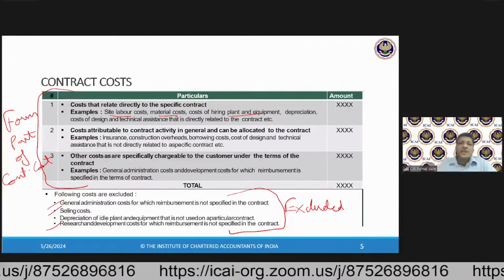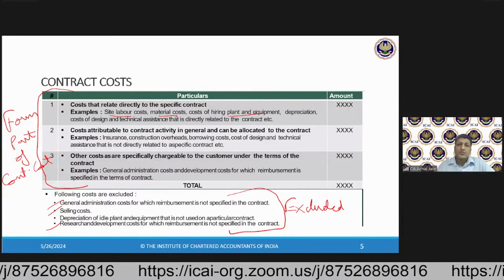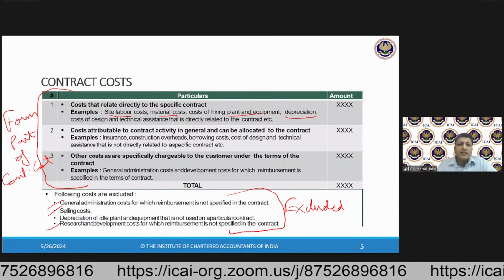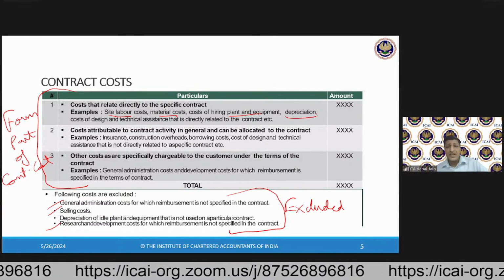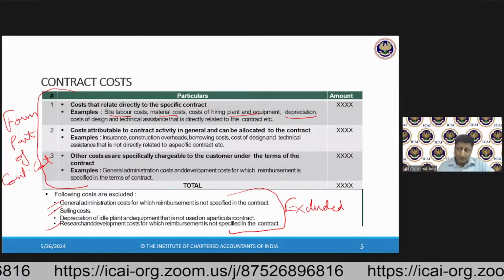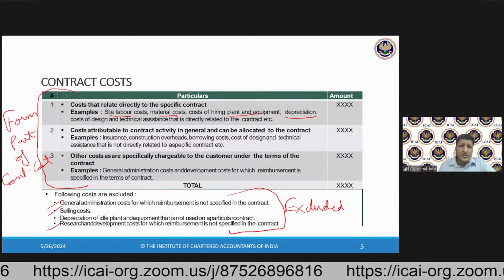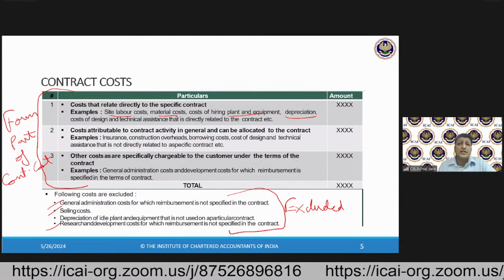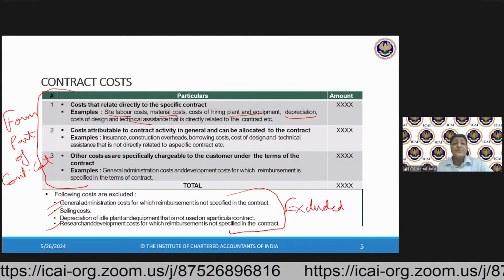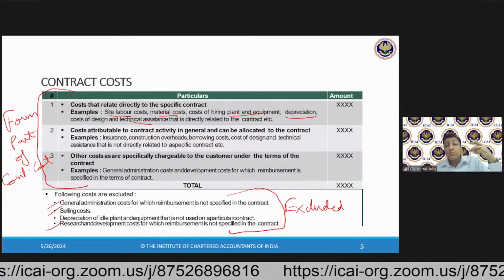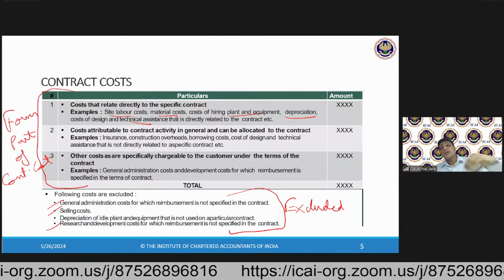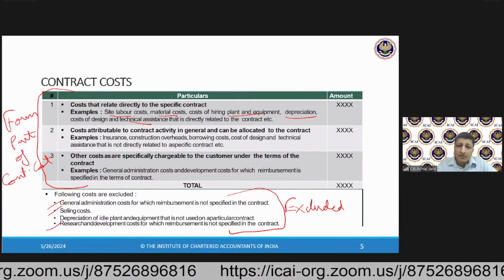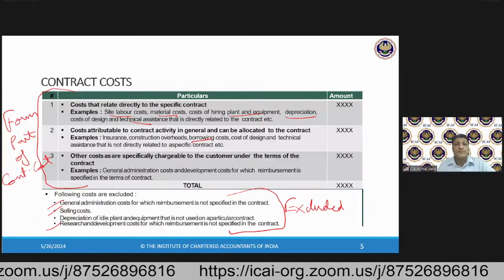If that plant and machinery is getting depreciated, if that is owned, depreciation of that plant and machinery. If a consultant has been engaged who will advise around that construction, so cost of that consultant. If some borrowing costs have been incurred and that borrowing cost is taken specifically for that construction, that will also form part of that cost.